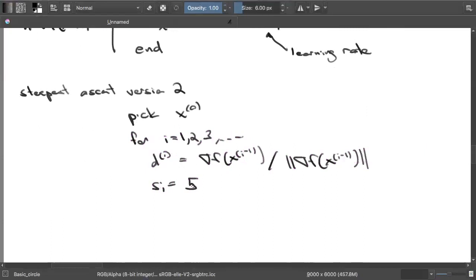Here's the idea of what's called backtracking. I give you a step size 5. I take a big step size, and what I'm afraid of is that I've gone too far. How do I know if I've taken too big of a step size? If I give you Si equals 5, and I ask you, is this a good step size?